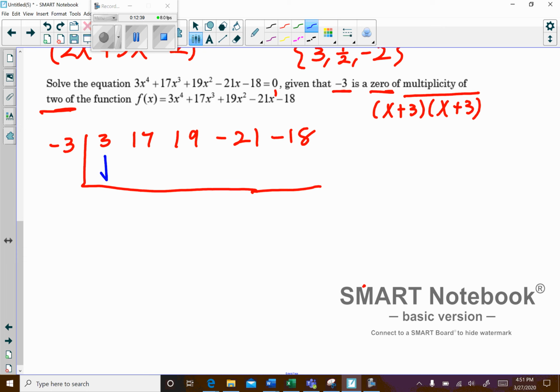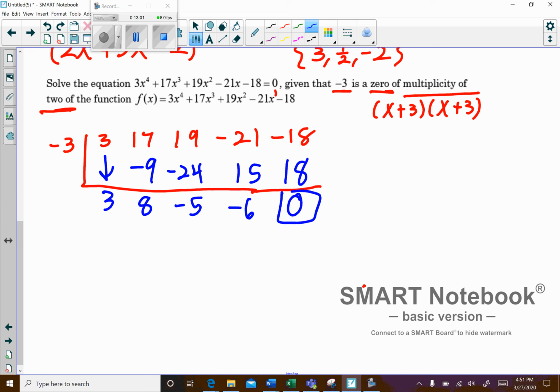So I'm going to drop the 3 down. 3 times negative 3 is negative 9. That's going to add to 8. 8 times negative 3 is negative 24. That's going to add to negative 5. Negative 5 times negative 3 is 15. That's going to add to negative 6. Negative 6 times negative 3 is positive 18. And look, remainder of 0.